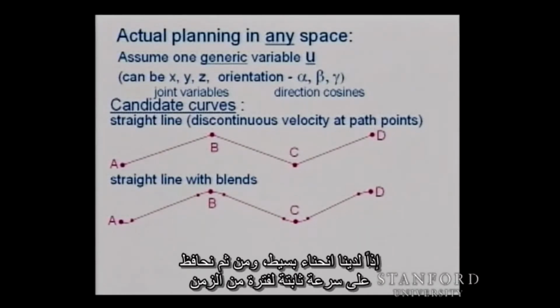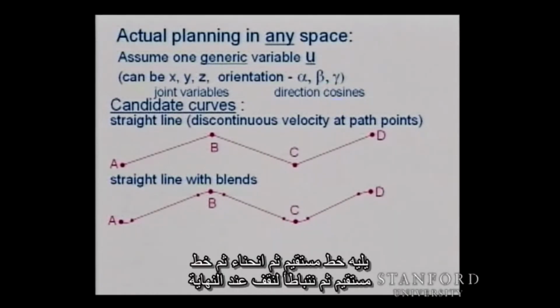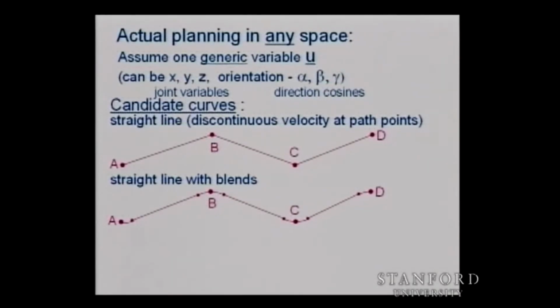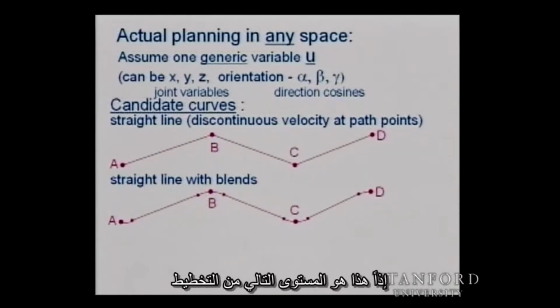So we have a small blend, then we maintain a constant velocity for a while, then a curve around B to maintain continuous velocity, then a straight line, then a curve, a straight line, and then we decelerate and stop gracefully at the end. You can think of the vehicle that we saw, if it's planning a path, in the same way. So that's the next level of planning.